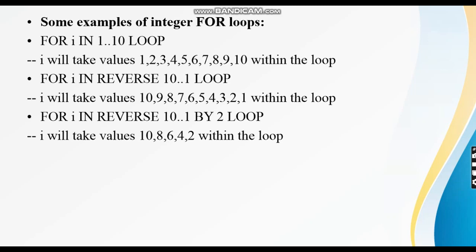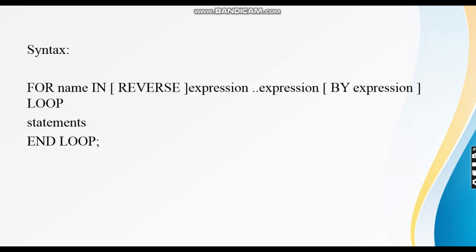That means the iteration step is 2. So the i value will be 10 minus 2 is 8, 8 minus 2 is 6, 6 minus 2 is 4, 4 minus 2 is 2 within the loop. This is how the for loop is going to iterate over the integer values, and this is the syntax. Follow the syntax and reach out to the solutions.